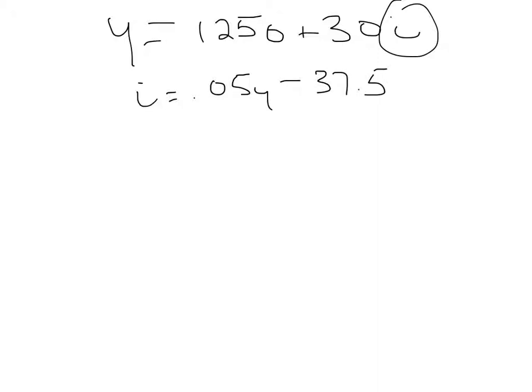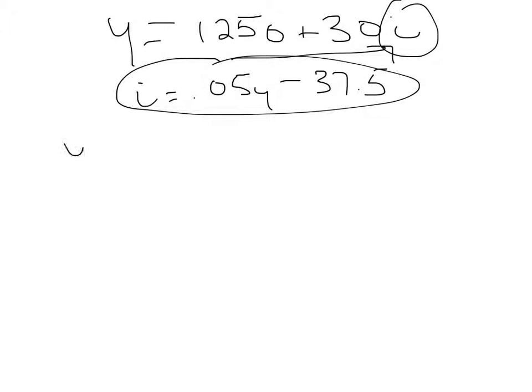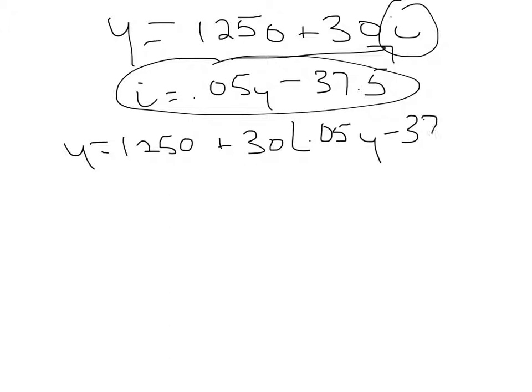I'm going to take this and plug it in here. So I have Y equals 1250 plus 30 times 0.05Y minus 37.5. Now I'm going to distribute this 30 into the parentheses.